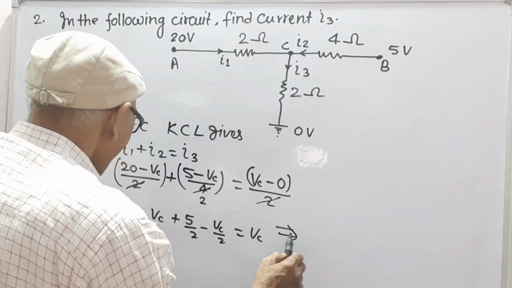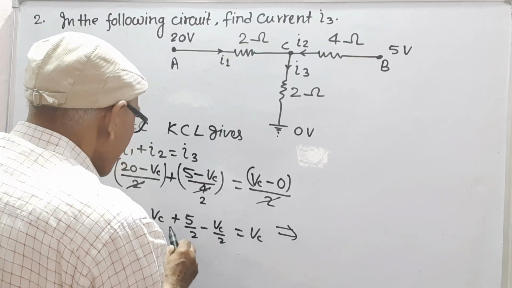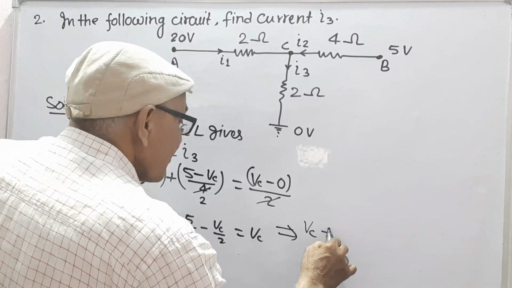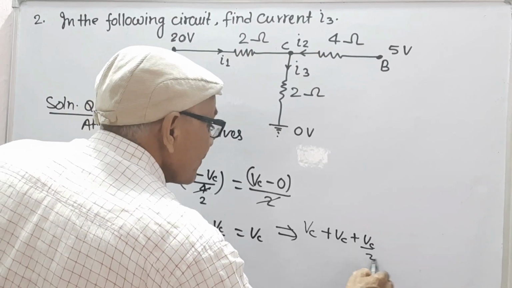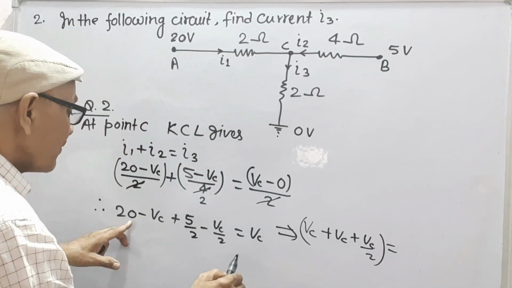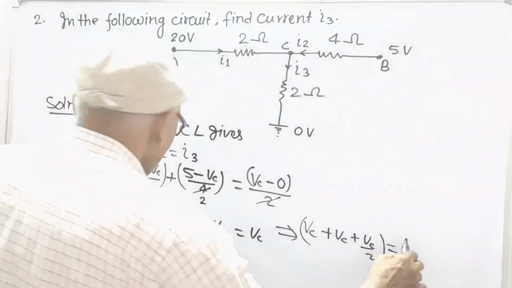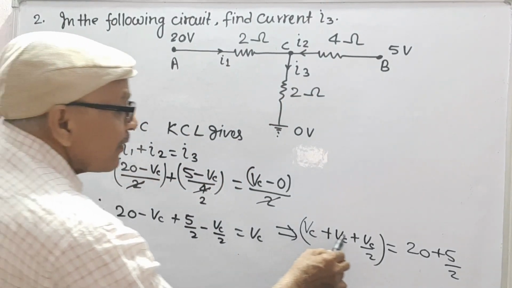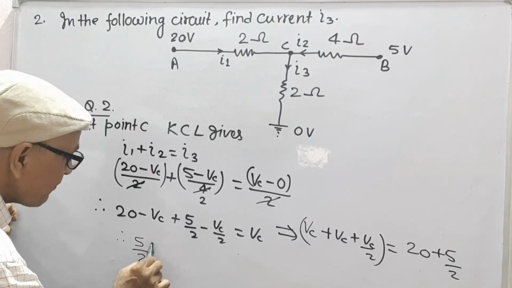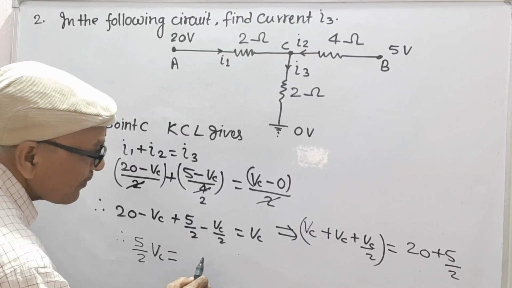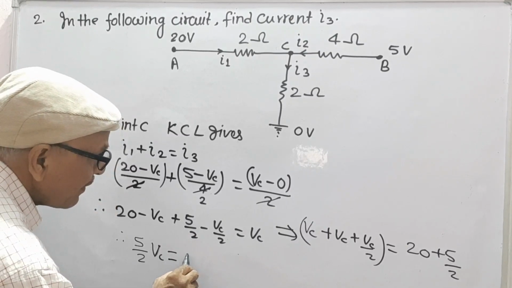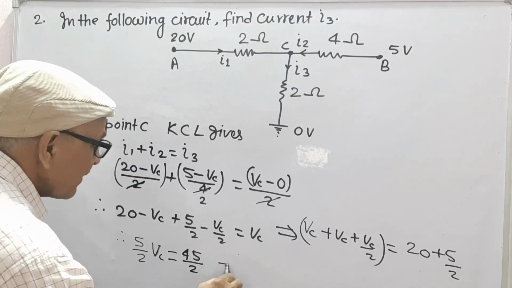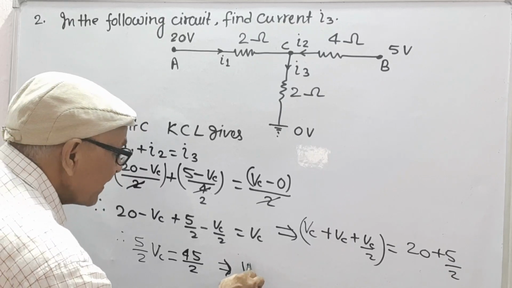That is Vc plus Vc plus Vc by 2 is equal to 20 plus 5 by 2, or 5 by 2 Vc is equal to 45 by 2.